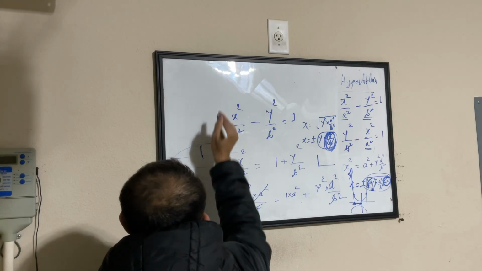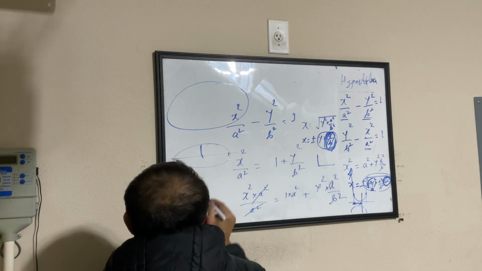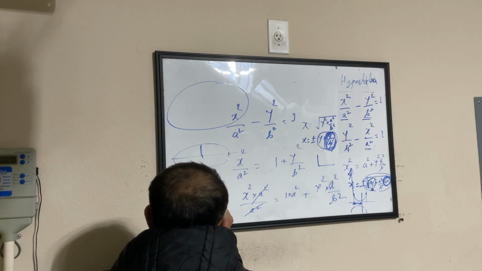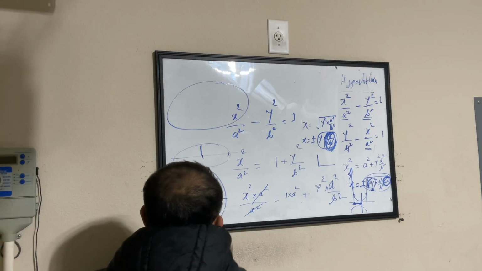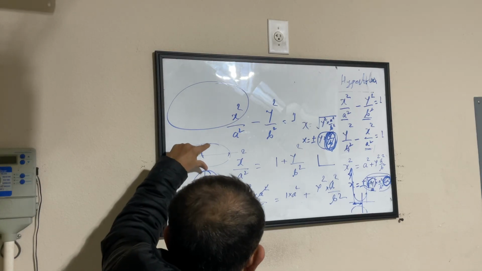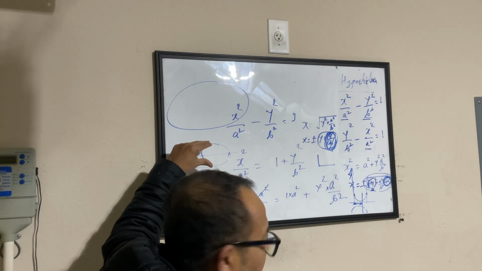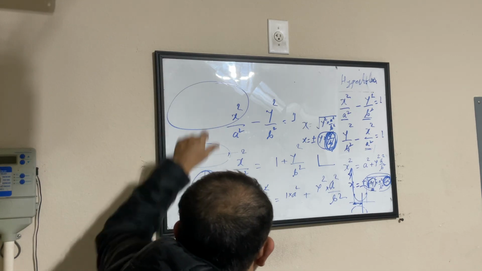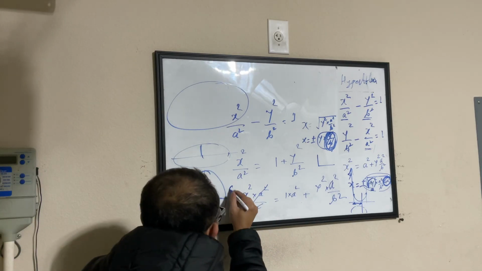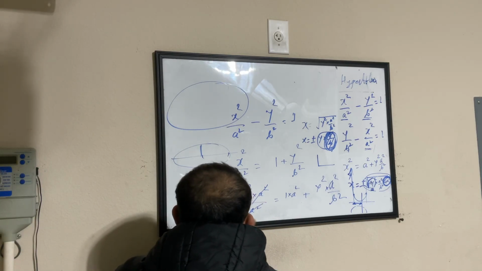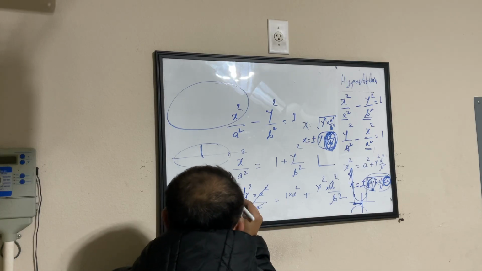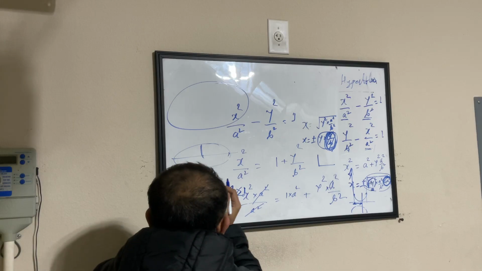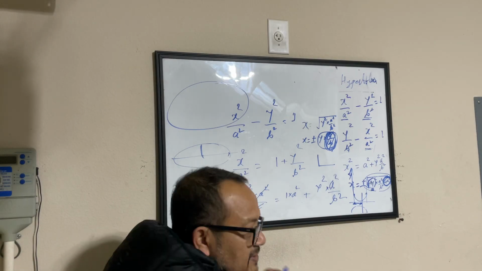If you compare this one versus this one or this one, what do you see? Your A to B ratio determines the shape and size of your ellipse, whether it's a horizontal ellipse or a vertical ellipse. If A by B is greater than 1, then you know that it's a horizontal ellipse. If A by B is less than 1, then you know it's a vertical ellipse. So basically it defines how your ellipse is shaping up.